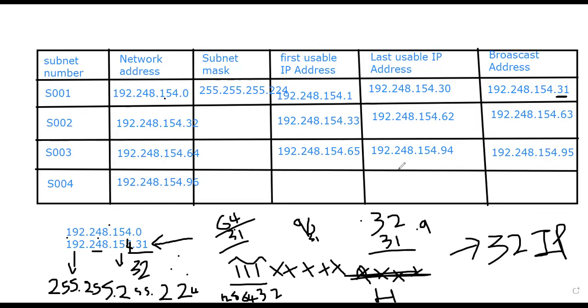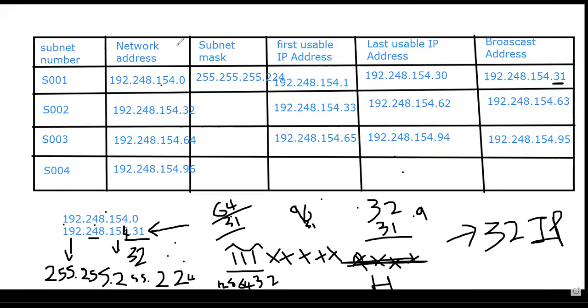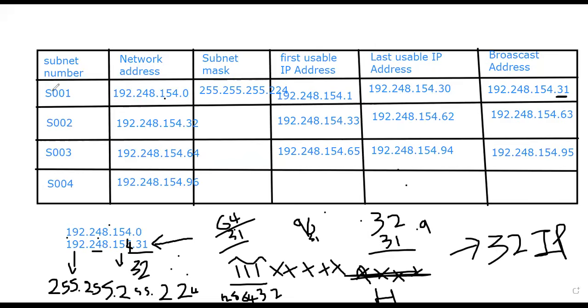So 96 plus 31 will give you 127. So the broadcast address is 192.248.154.127.